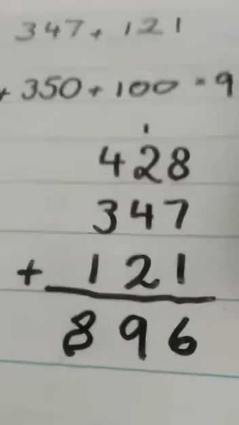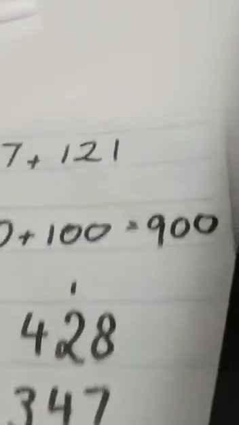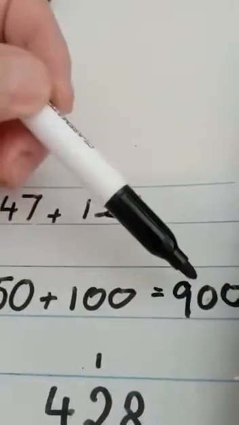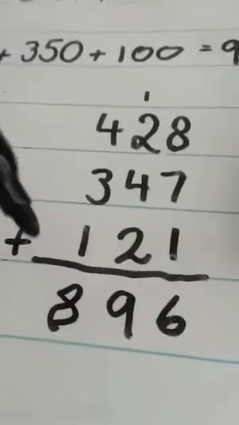So our true answer is 896. If we look at our estimation, 900. That's very close. So that's how I'd like to see it worked out.